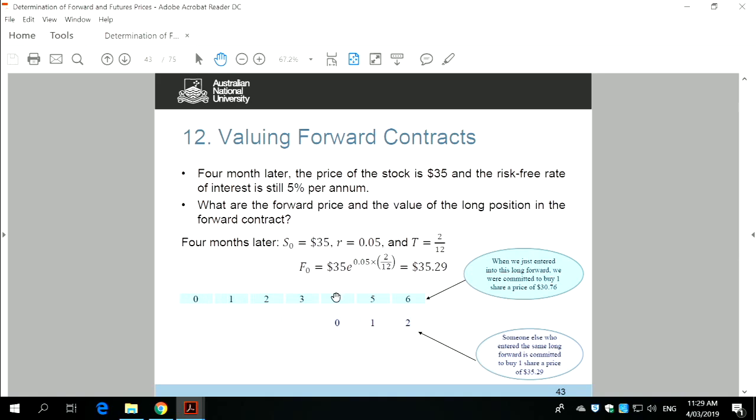Now fast forward 4 months, now we're in July, and that little lowercase f is sitting in July. It's sitting here. Does that make sense? Yeah, exactly. So at that timeline, we're at t equals 4. We're valuing that 4 months later.